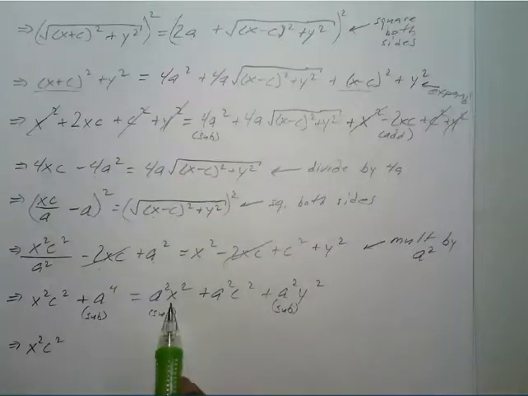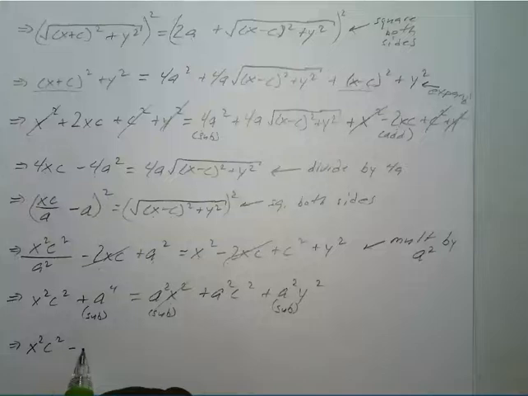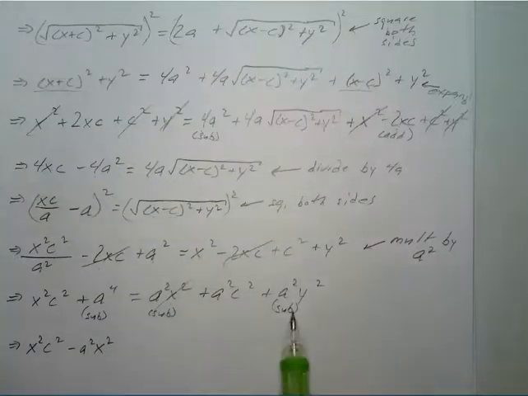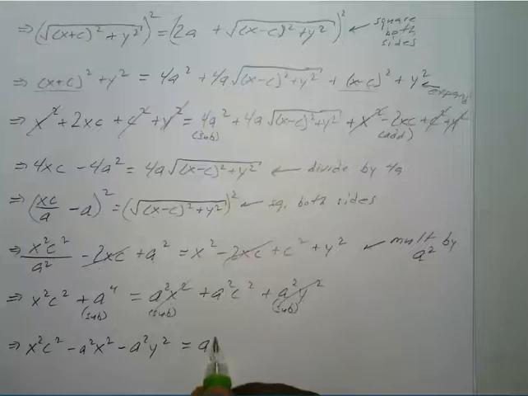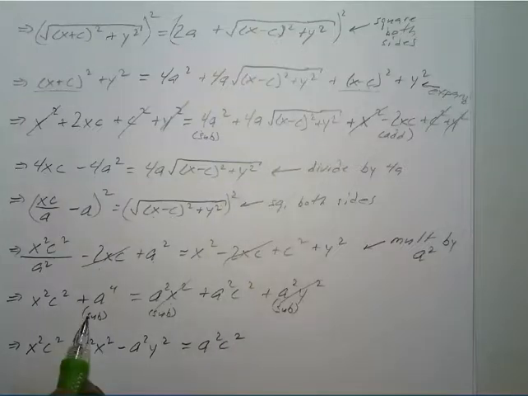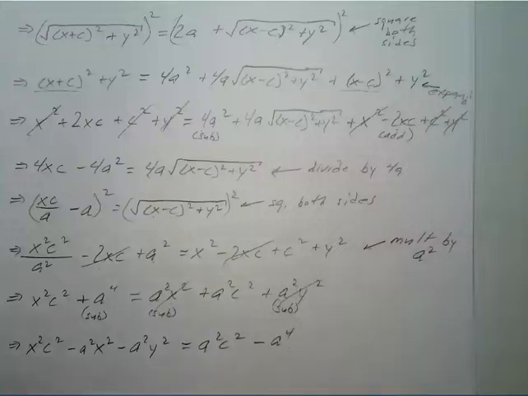If we subtract a²x² from both sides, this will cancel out. So we'll have minus a²x². We subtract a²y² from both sides, we'll have minus a²y² equals a²c². If we subtract a⁴ from both sides, it'll be minus a⁴.